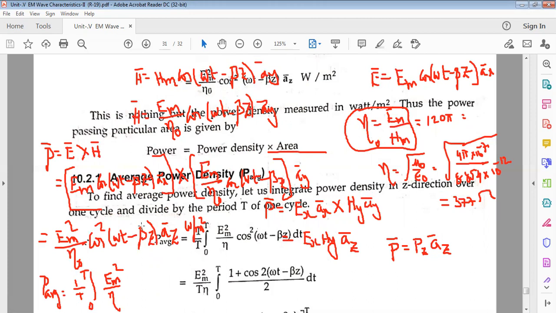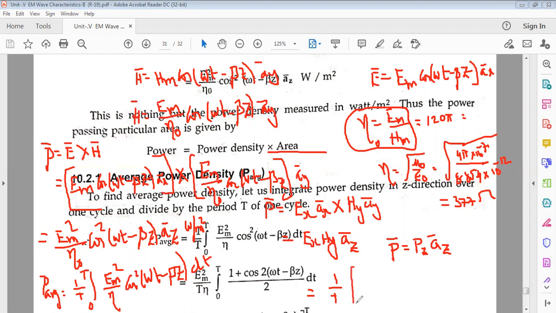Now the integral of cos square (omega t minus beta z) dt. Directly, cos square theta can be converted as (1 plus cos 2 theta) by 2.